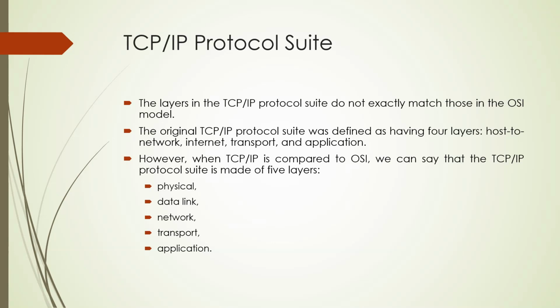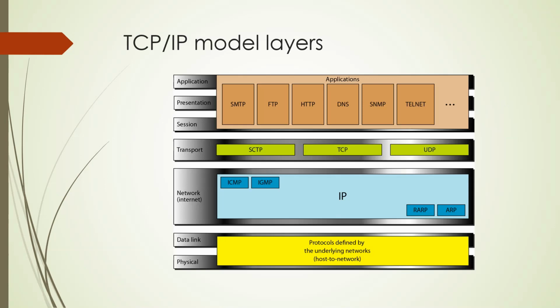However, when TCP/IP is compared to OSI, we can say that the TCP/IP protocol suite has mainly 5 layers. Now, what are these 5 layers? Let us see in this diagram. Initially, at the bottom we have 2 layers, the physical layer and the data link layer. If we combine these, we can say that this layer is the host to network layer or network to host layer.